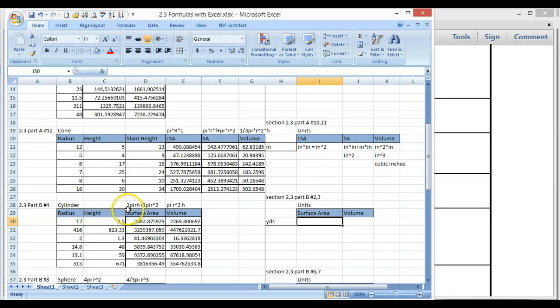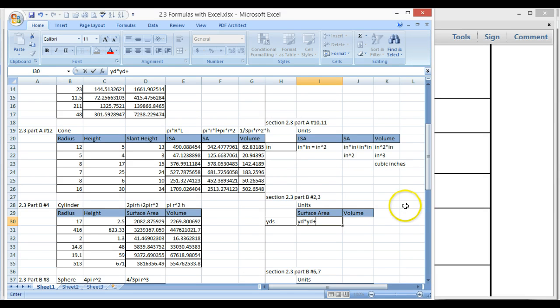I can discount 2 and pi because they have no units attached, but r does, r and h, and those are being multiplied together. So this is going to be r is being measured in yards, and I'm going to times that by h, which is also being measured in a yard.